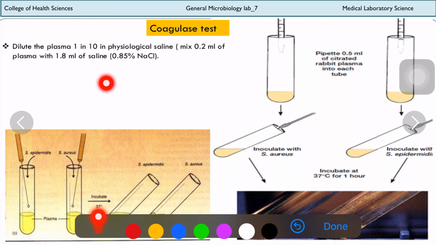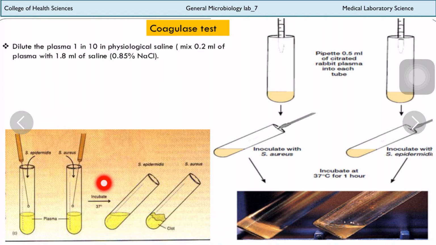Another explanation of the test: you have to use your plasma here, and you have to inoculate your bacterial sample. Incubation, as we said, from 1 to 4 hours. If you see clumping, that's a positive result. If there is no clotting, you have to wait for 4 hours.